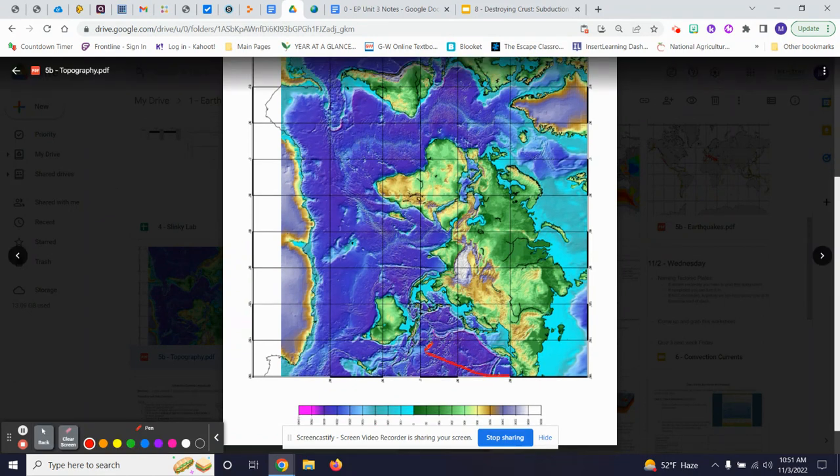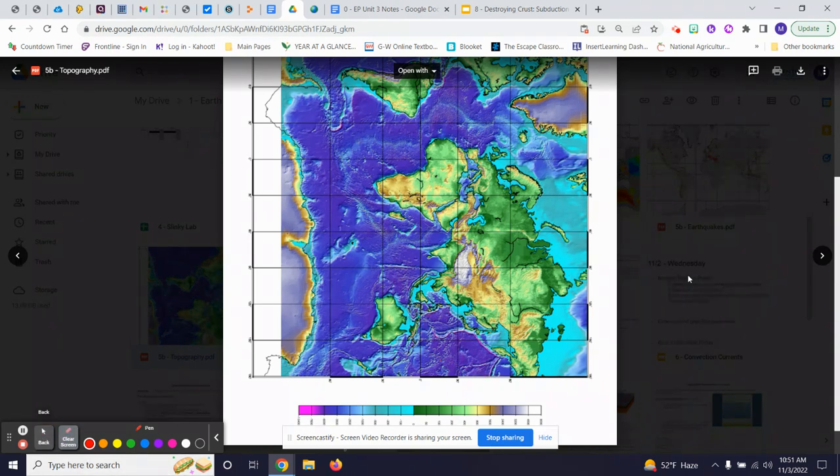If you look right here, you can see there's some purple and pink there. That's the trench, because that purplish pink color is some of the deepest places on the earth. And that's actually where the trench is. You can follow that line right along there. And you can see that there are some trenches there.